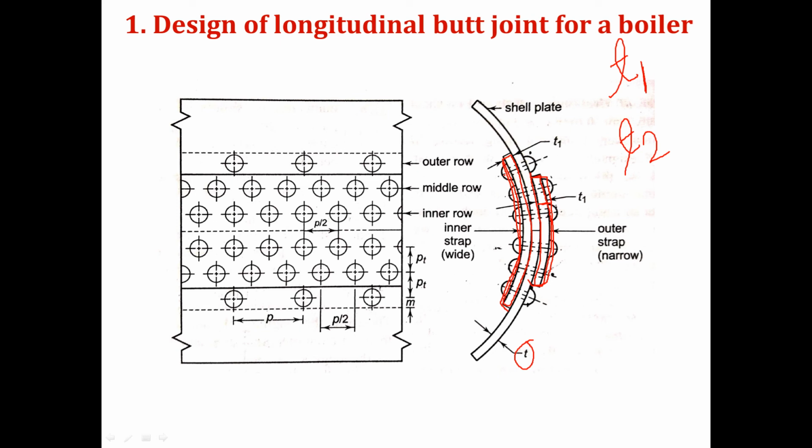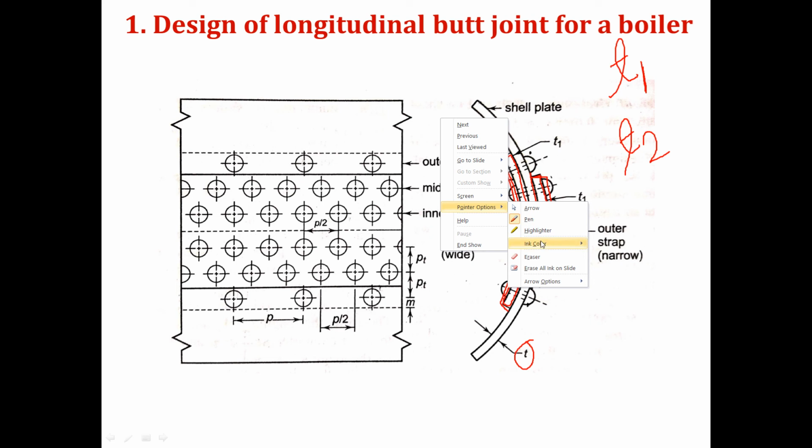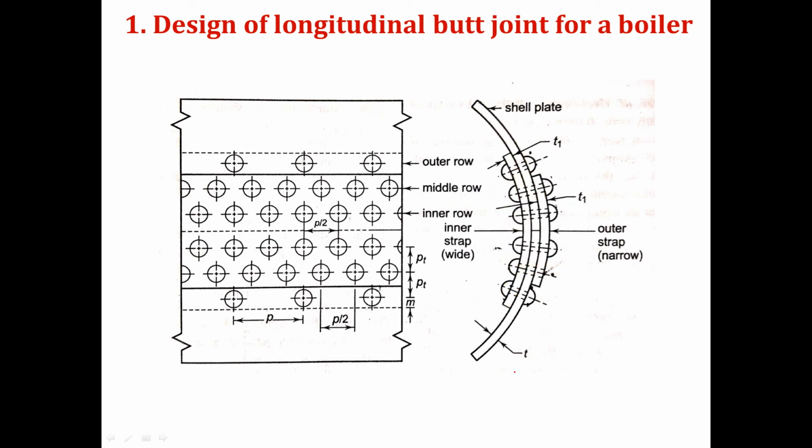But if the condition is not given to you in the problem, then you will always assume that T1 is equal to T2. But if the condition is given in the problem that the outer strap is narrower and the inner strap is wider, then T1 will not be equal to T2, which is the second case described in this figure. You can see that the inner strap and the outer strap have separate thicknesses.